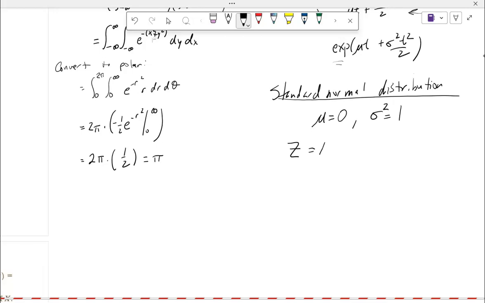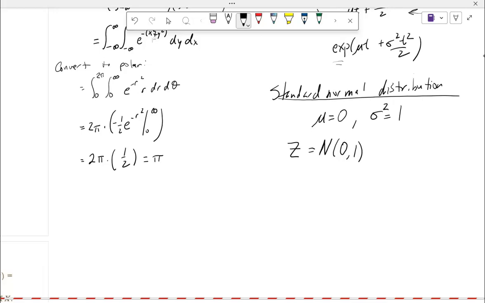A general normal distribution will represent as an N, and then you always put the mean first and the variance second. So generally you'll see a mean of mu and a variance of sigma squared, and that'll be the two parameters that you have. So how do we convert a general normal distribution into a standard one?